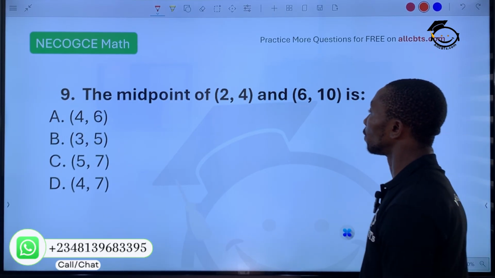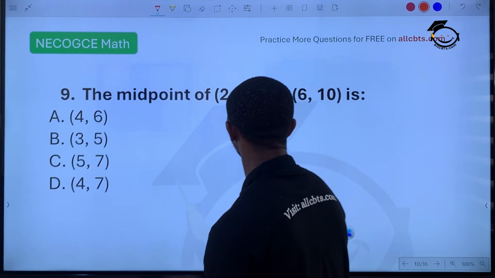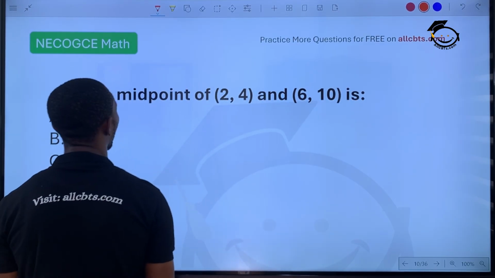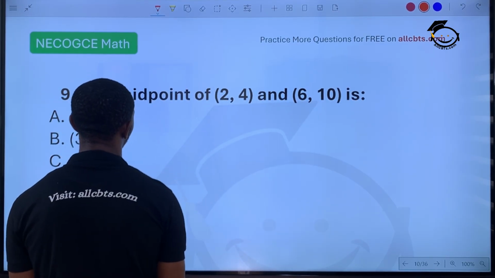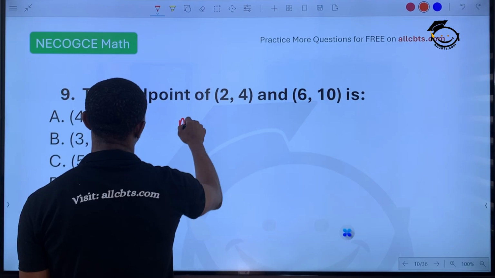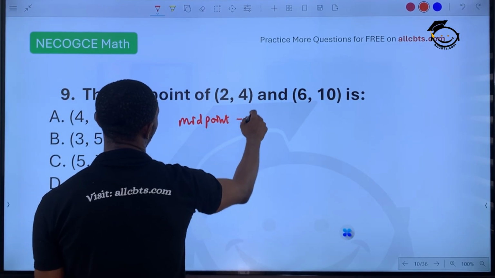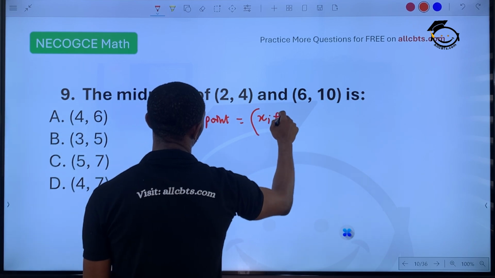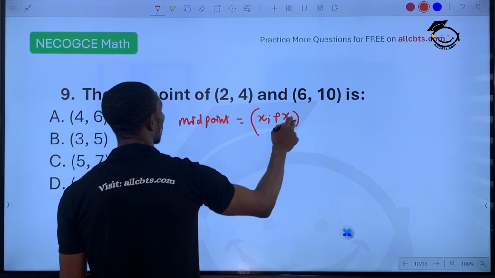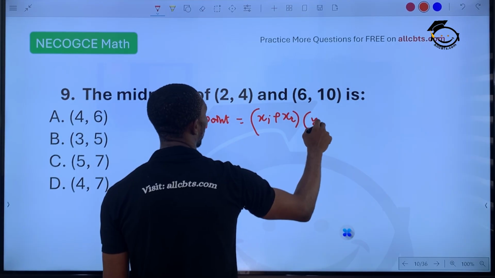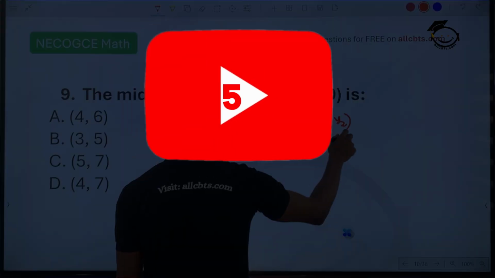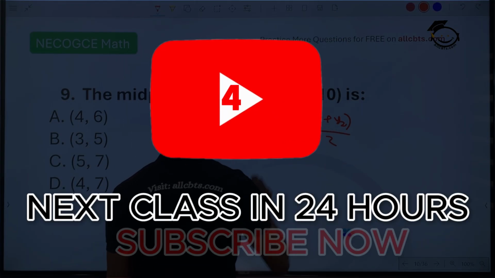The midpoint of (2, 4) and (6, 10), now we're looking at midpoint. Formula for midpoint: the midpoint is x1 plus x2 over 2 and y1 plus y2 over 2.